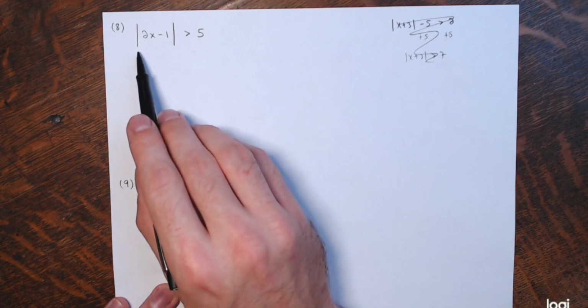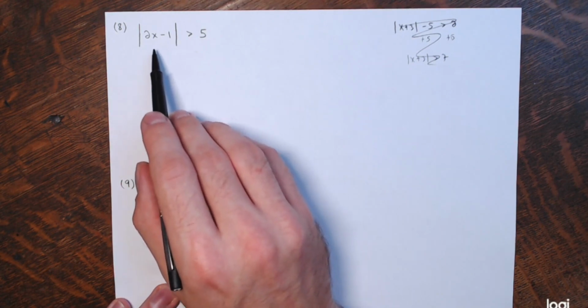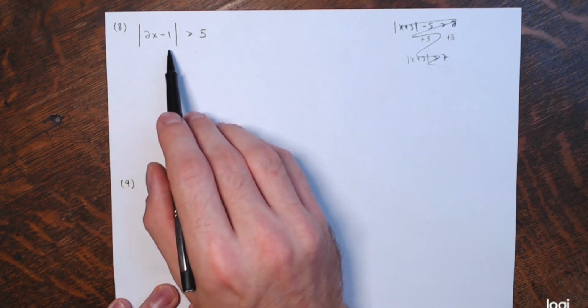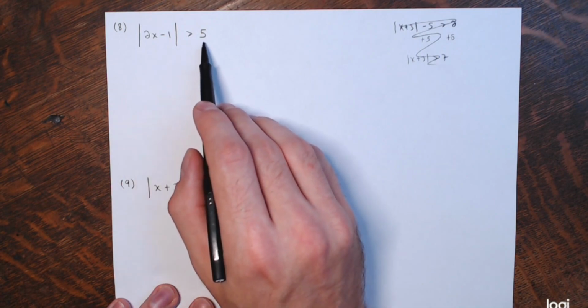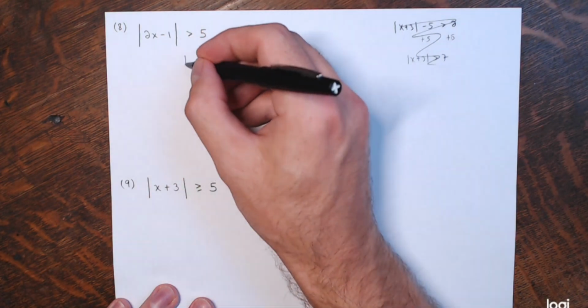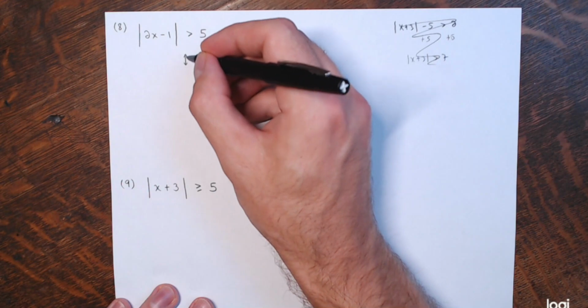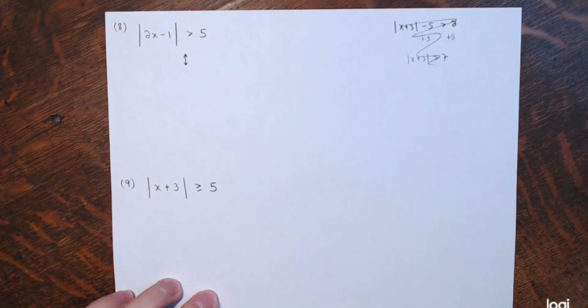The absolute value of 2x minus 1 is already alone on the left side. It is greater than, and then again, some positive number, positive 5 on the right. So this is actually something I can apply the rule from the first page to. This is actually interesting.